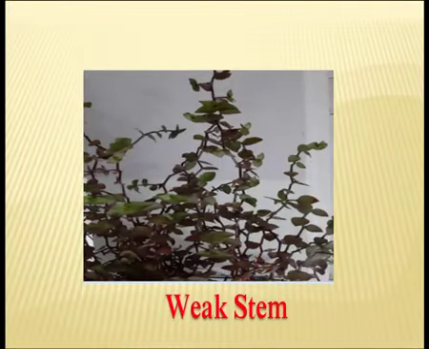So, this is how the stem perennates or saves itself from the harshness of the weather. Now, what you are seeing are stems which are generally weak, they can't stand erect and they spread on the ground or hang downwards.